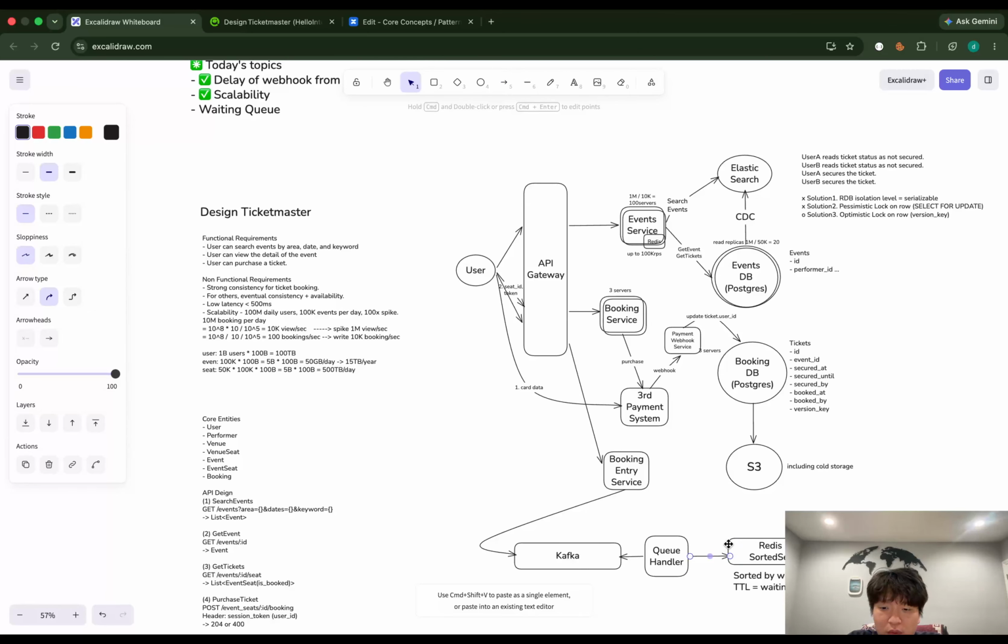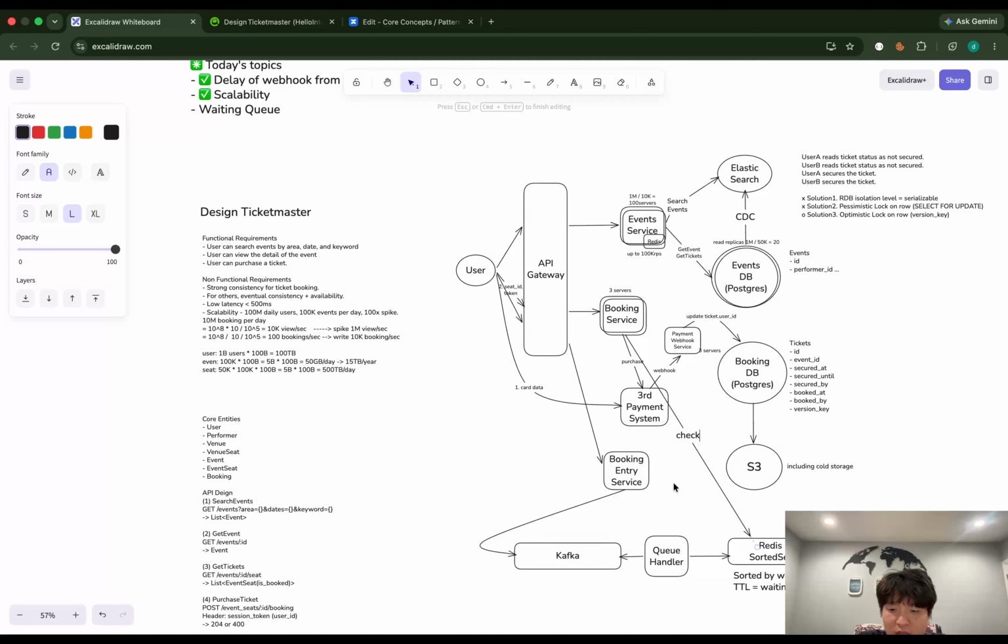And now what I can do is, if there is a user who'd like to go into the booking page, we need kind of authentication, or I should say authorization, that he can enter the room or not. So here, before we accept the purchase request, the booking service has to check if that user is still in the SortedSet.